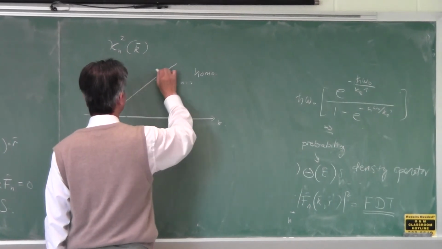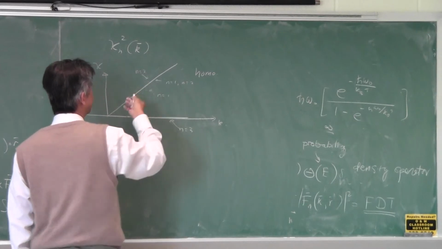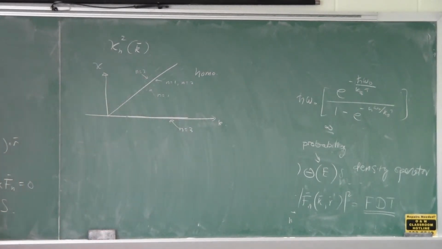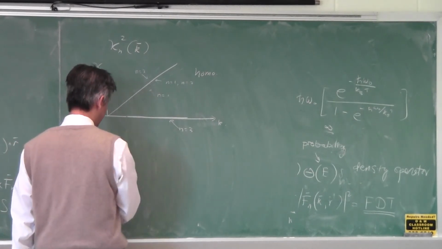Maybe they will split like that. I'm just hypothesizing that they split in this manner. The second thing that happens is that because you introduce periodic structures, there will be Brillouin zones introduced. The n is equal to 3 mode is still down there, doing nothing.